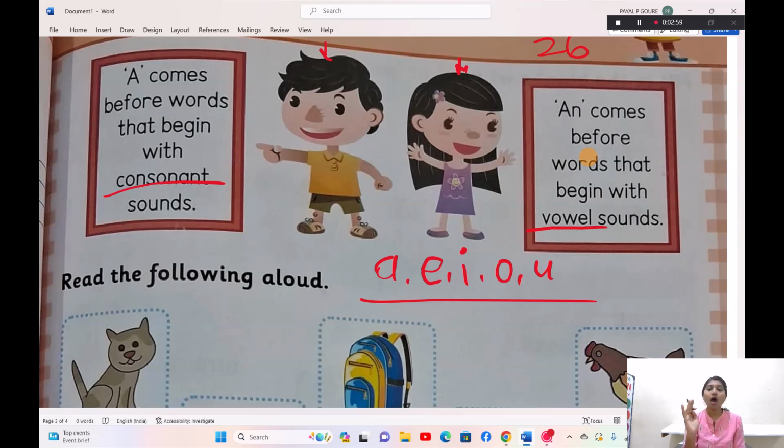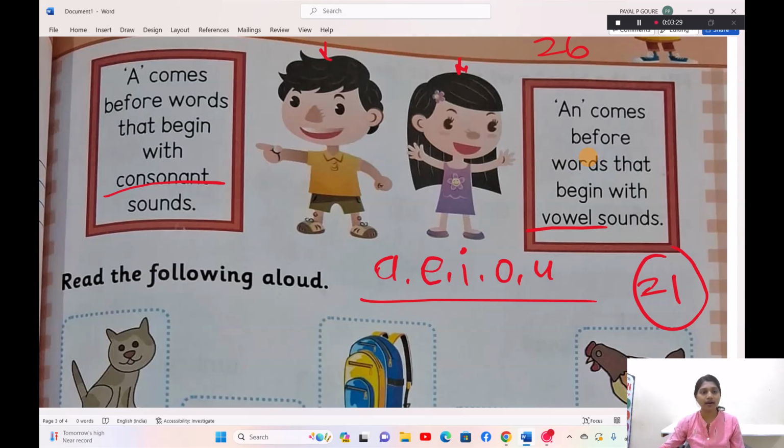P, Q, R, S, T. U is a vowel, so U will not come. V, W, X, Y, Z. So these remaining 21 letters are called consonants. Now the basics are clear: what is a vowel and what is a consonant.